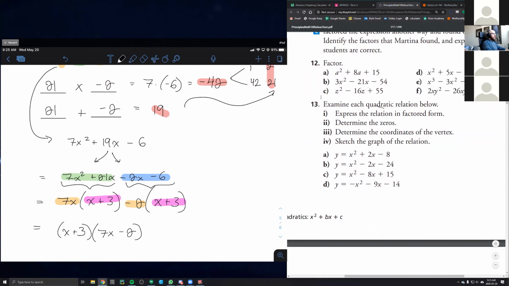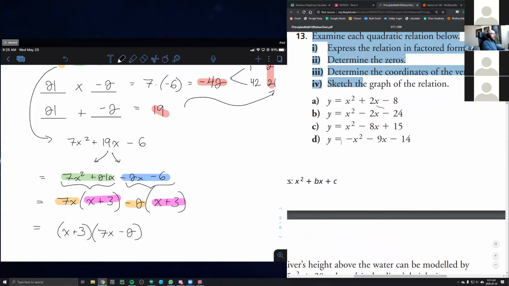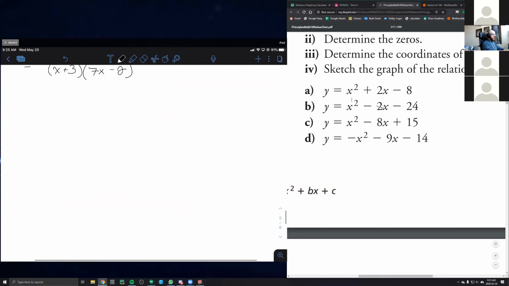For question 13 on page 212, I saw this question very briefly as I was looking for this problem, and I noticed that there was a negative sign out in front. Without that negative sign, this looks like we would use sum and product, because the leading coefficient is -1, but other than that, it looks like a nice candidate for sum and product.